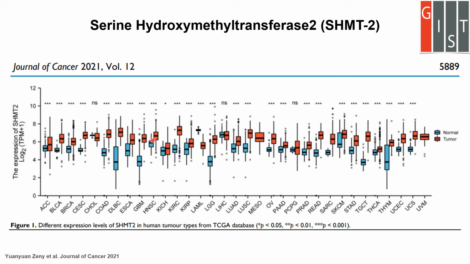As seen here, compared to normal, 85% of these cancer types show high expression of SHMT2, which indicates that SHMT2 could serve as a biomarker in cancer.